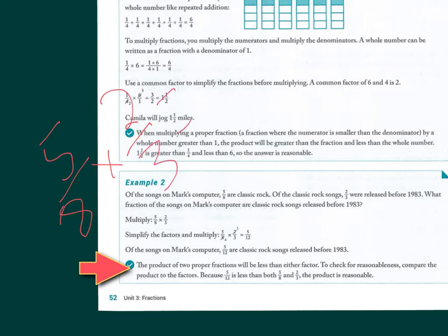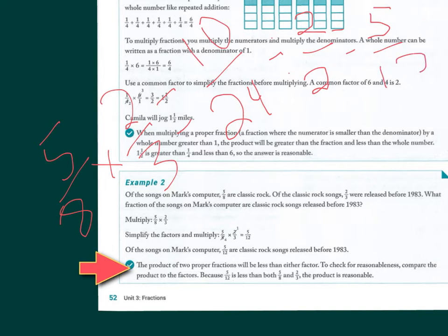So we know that 2 times 5 is 10, and 8 times 3 is 24. Now we have to think of a number that is going to divide into both, and we know 2 will. So 10 divided by 2 is 5, and 24 divided by 2 is 12. And so that is the other way that you can do it if you don't want to simplify first.